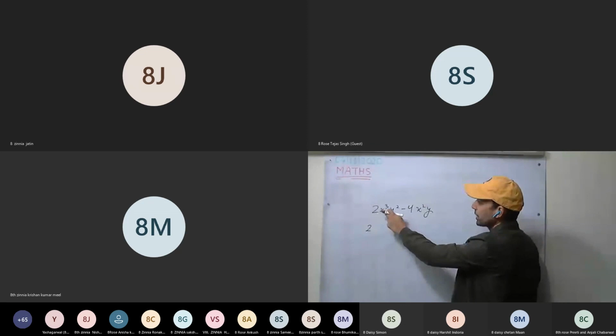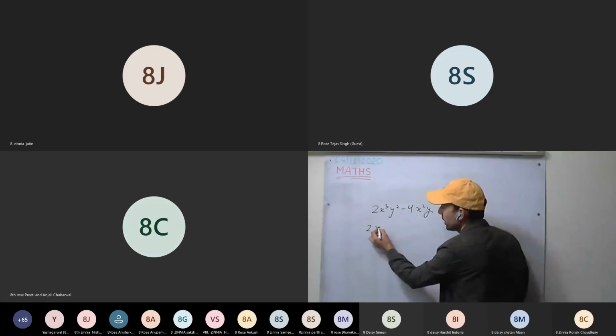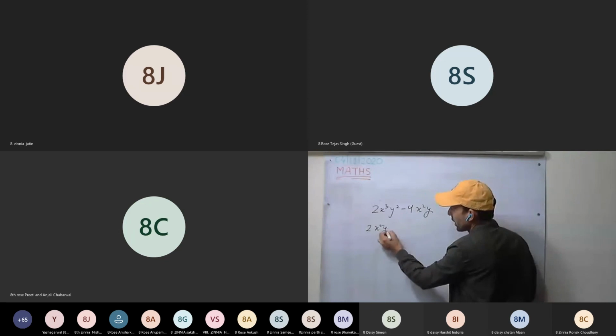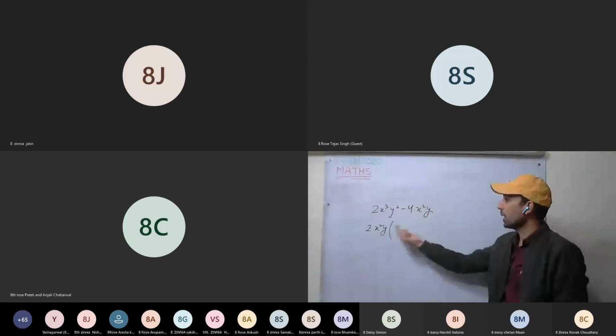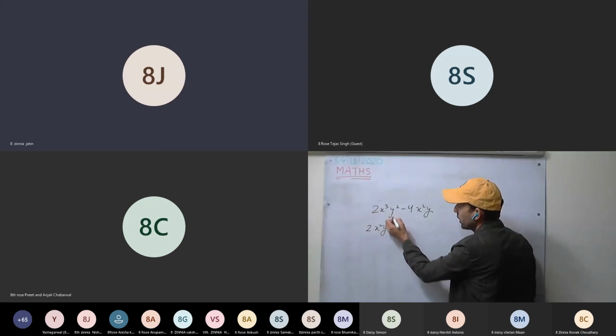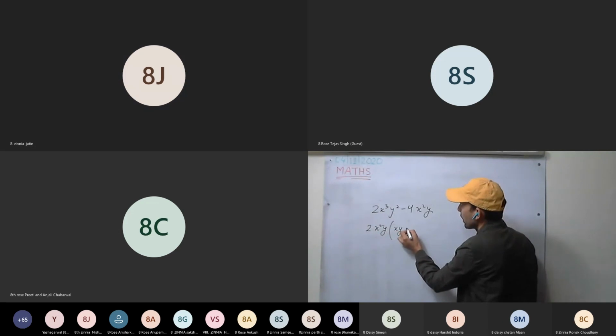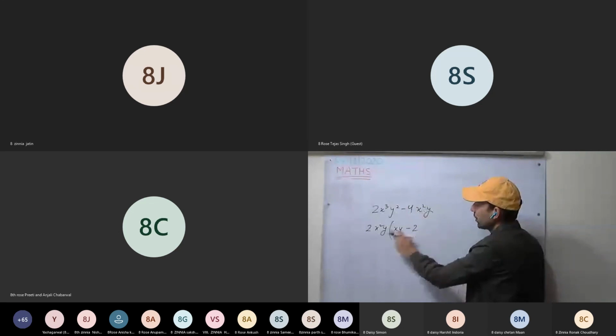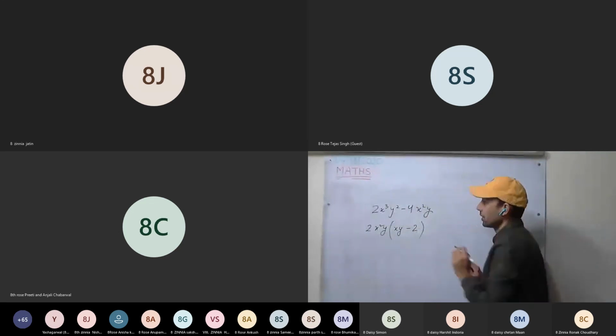Now the variable x cube, x square: here it will be x square. Now y square, y: y outside. Now divide each term by 2x square y. So it will be xy minus 2, since x square and y we already took.